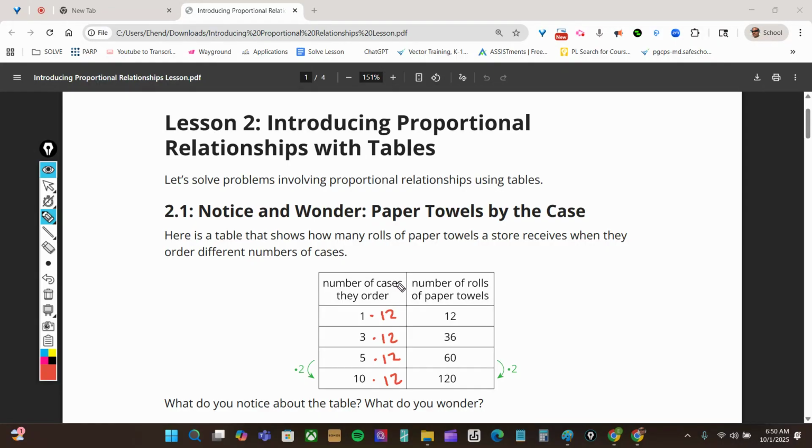I'm going to explain this in more depth, but I'm just going to give you some foundational concepts or definitions, okay?